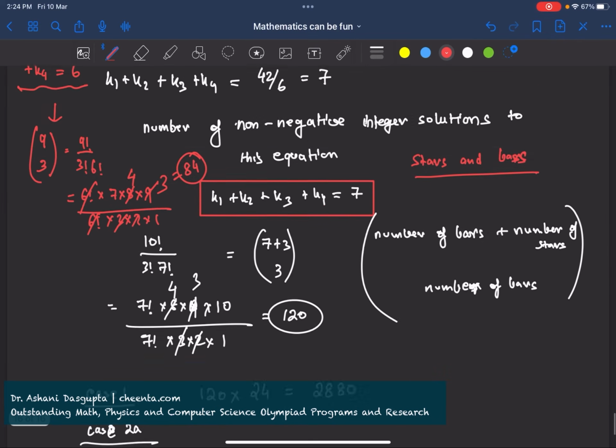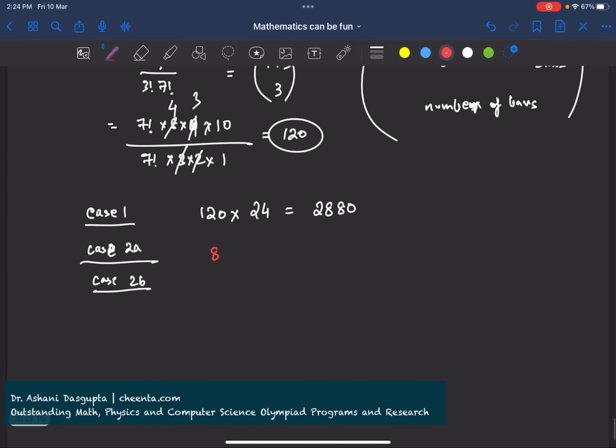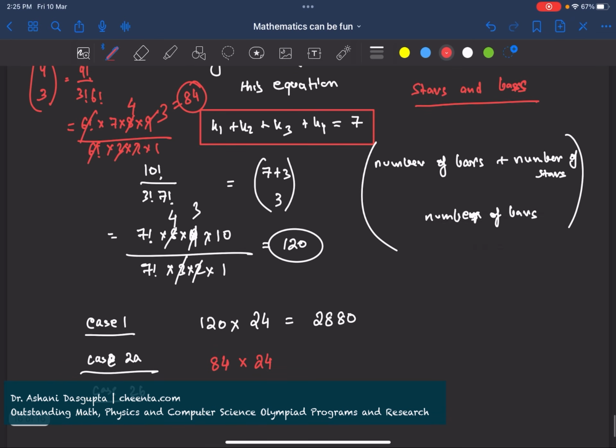So for case 2A, we have 84 times 24. Of course, the remainders can be redistributed in 4 factorial ways. So we have 84 times 24. Let's see. 12 times 7 is 84.